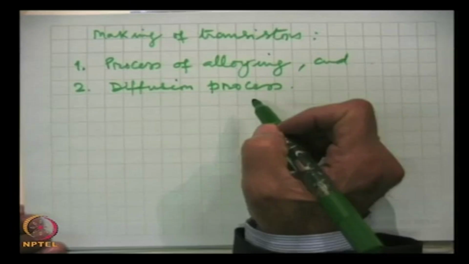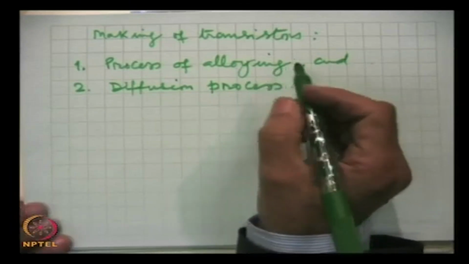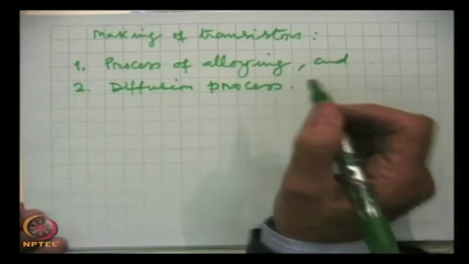One is the diffusion process, the other is ion implantation and epitaxial growth of different layers. So, those are reserved for integrated circuit fabrication, but discrete devices can be fabricated by the process of alloying and the diffusion process. Let us first talk about this process of alloying.